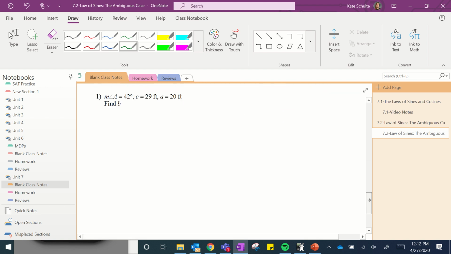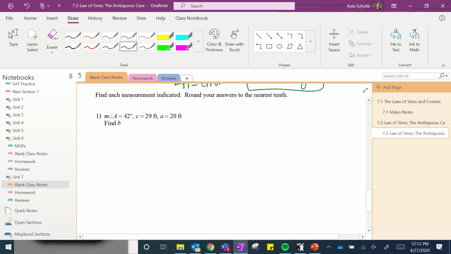All right, last one here. Again, we have A's and C's and B's, so I have triangle ABC. Angle A is 42, side C is 29, side A is 20, and I'm looking for angle B. All right, so what case do I have here?